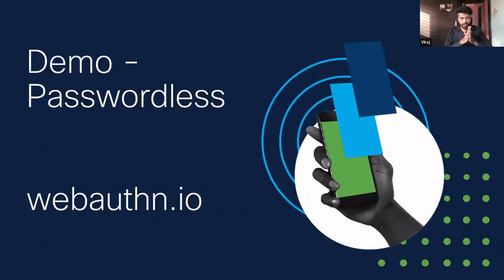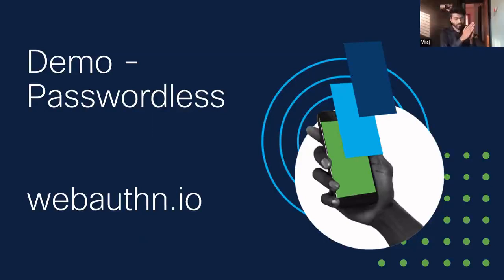I'll try to make things a bit easy, so that you understand what's going on. This is the website that I'm requesting you to go to: WebAuthn.io. WebAuthn is the protocol, right? We keep talking about IEEE, we keep talking about IETF, where the protocols are defined as a standard.